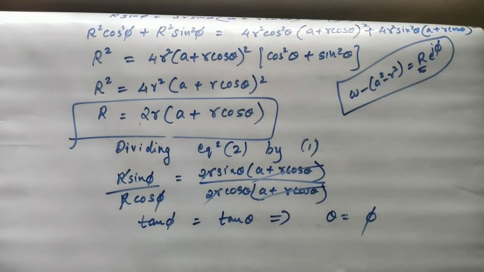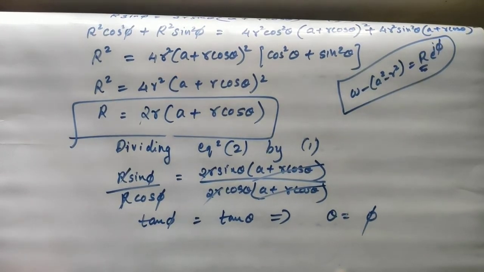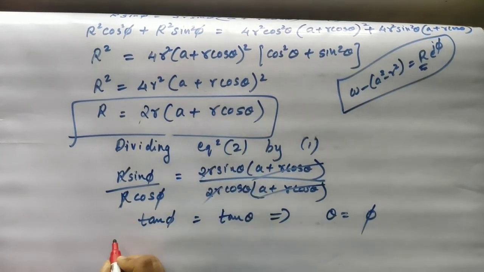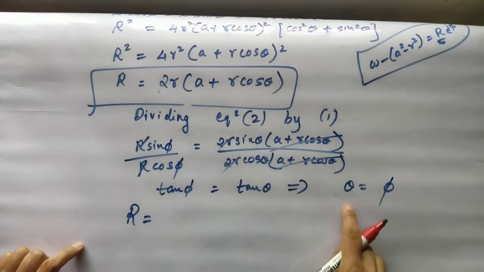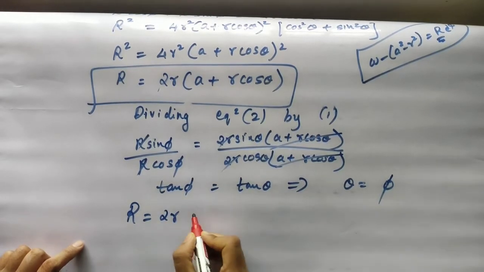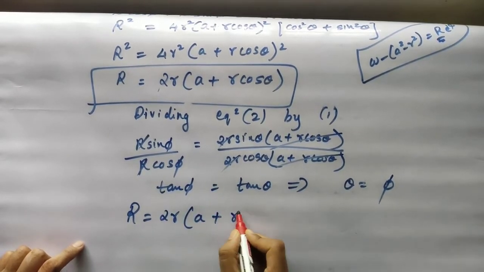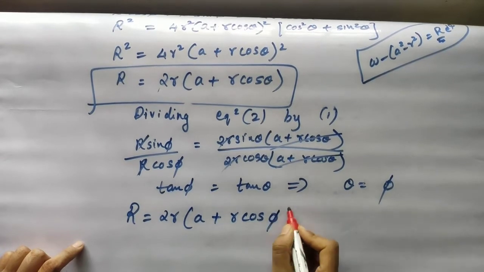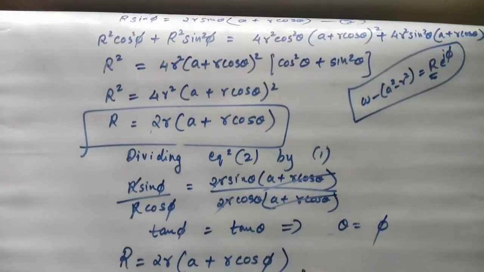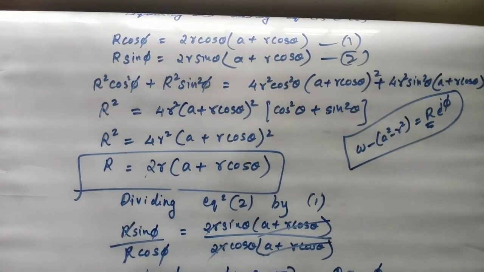So if θ is equal to φ, I can substitute the θ value now. So r = 2r (a + r cos φ), I'll get it like this. Call this equation 3.